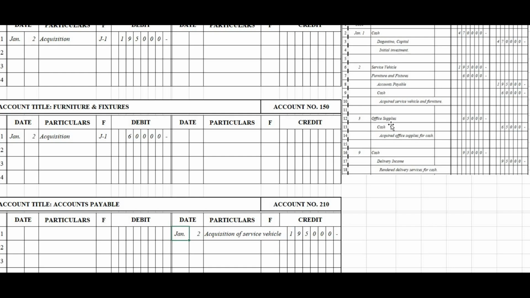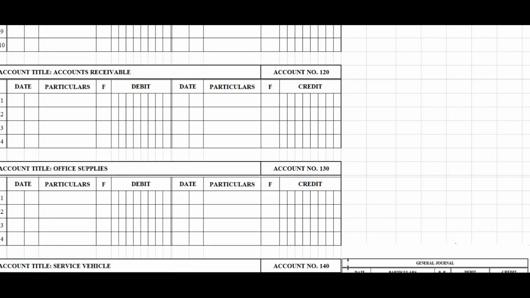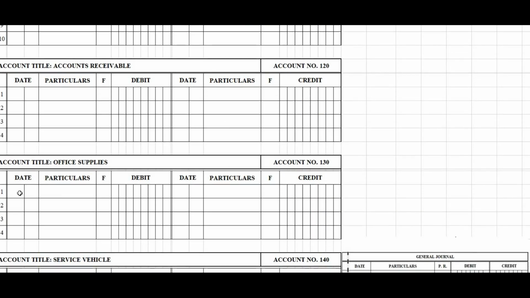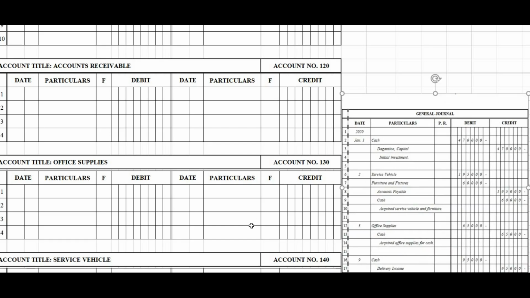So, the next transaction, we have office supplies. So, again, all you have to do is you look for the account. So here, office supplies. So the amount is 65,000. So this is January 3.